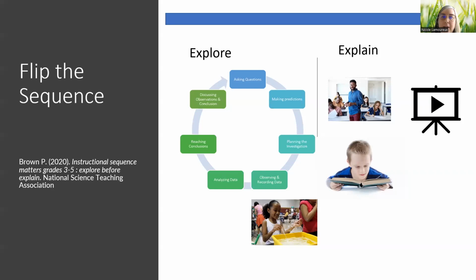Allowing them the opportunity to explore and then attach the terminology after gives them a concrete example of experiencing it and understanding the term. Because if they're introduced to the term first, think of it like a foreign language. You're not going to know what it means unless you have something to attach it to. So there are a couple of reasons for that as well.